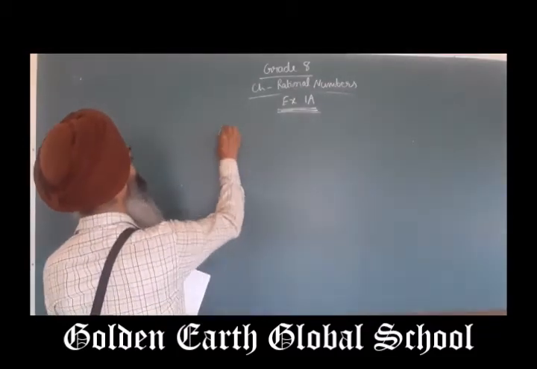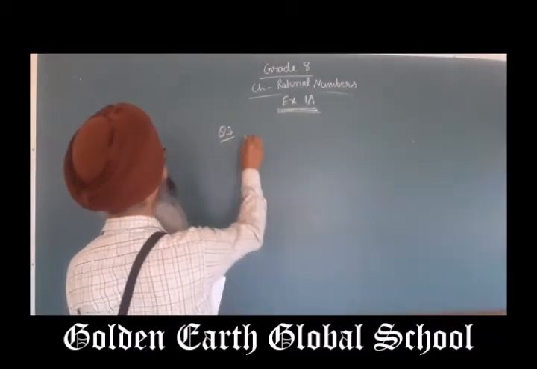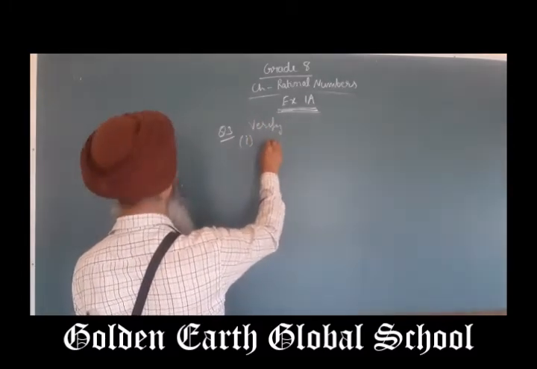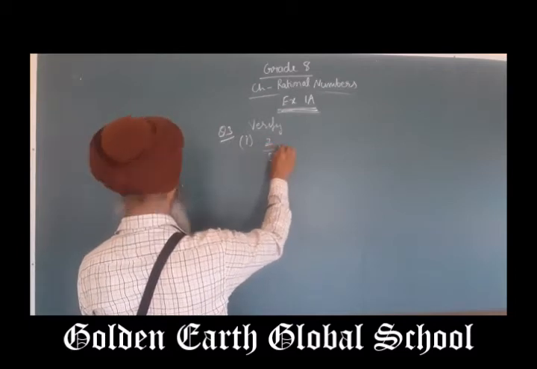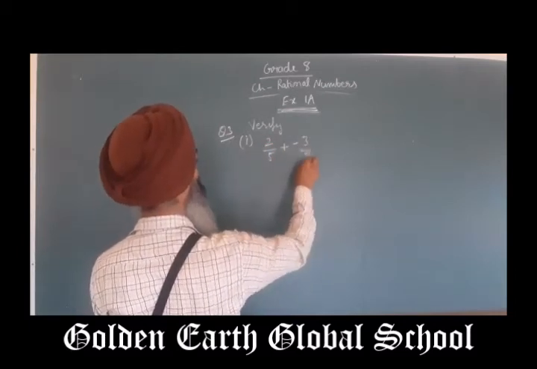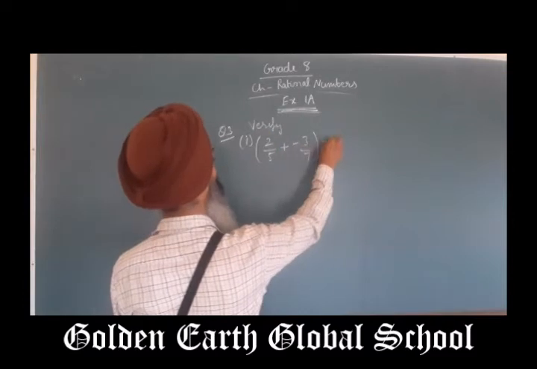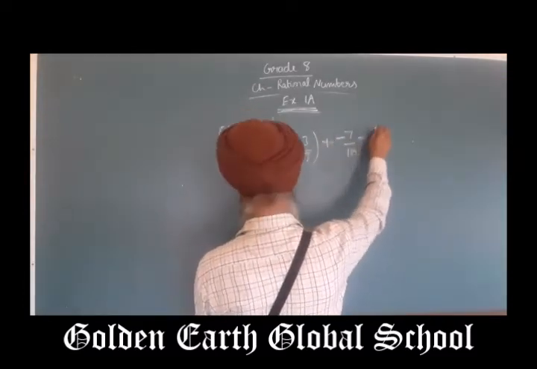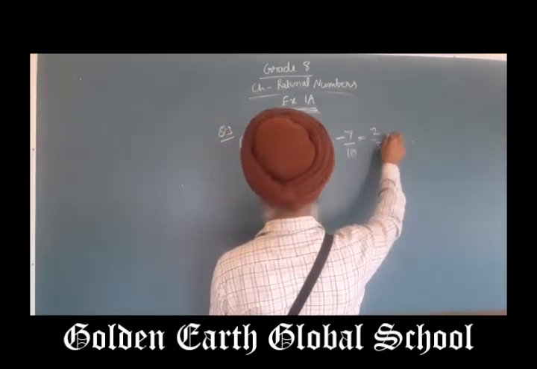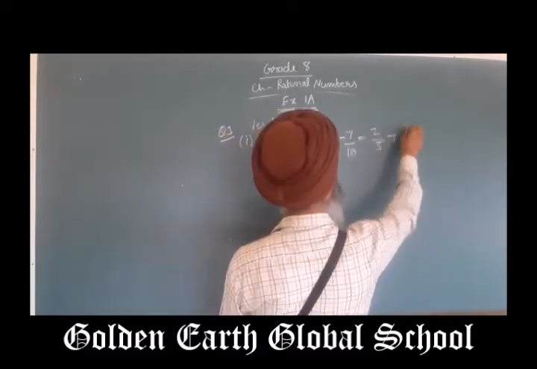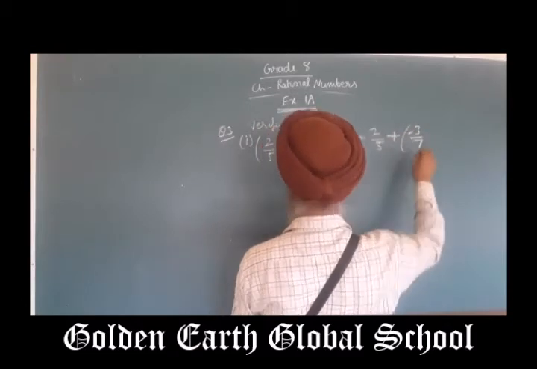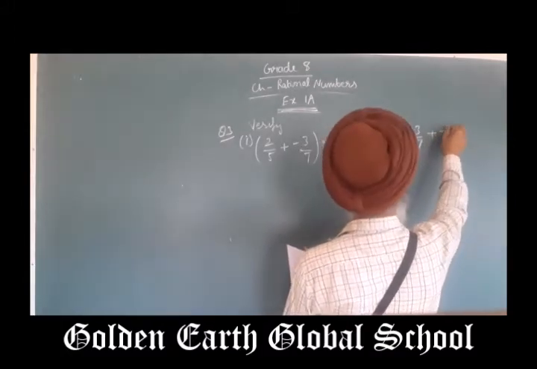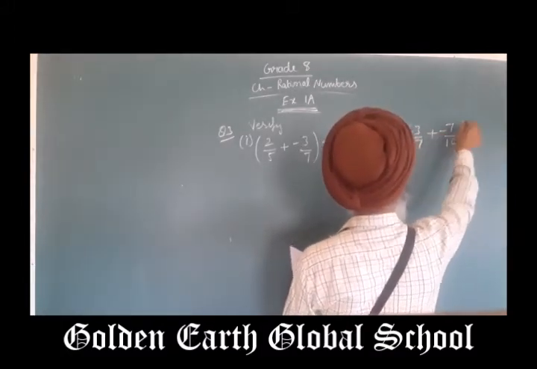Now let us discuss the third question. In the third question we again have to verify whether left hand side is equal to right hand side or not. The question is 2 upon 7 plus minus 3 upon 7, then in bracket plus minus 7 upon 10, is equal to 2 upon 5 plus minus 3 upon 7 plus 7 upon 10 plus minus 7 upon 10.